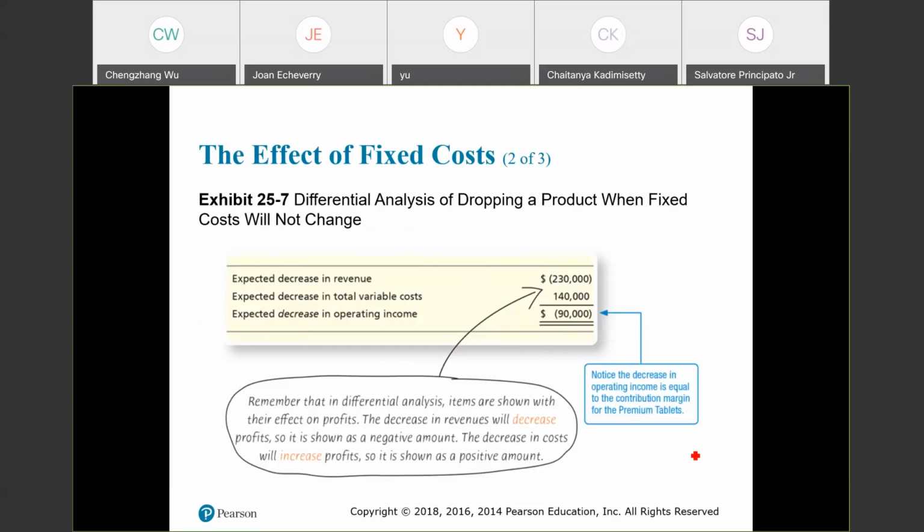So let's take a look at the first case. This slide shows the differential analysis of dropping a product when fixed cost will not change.